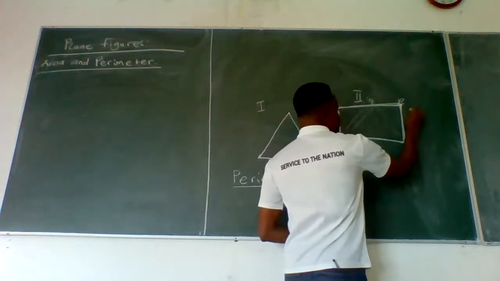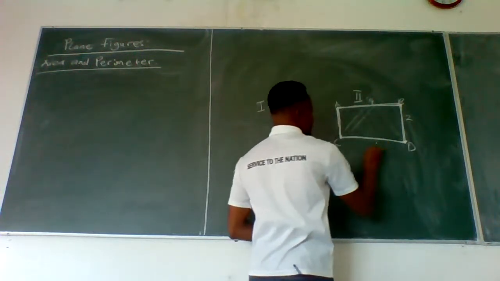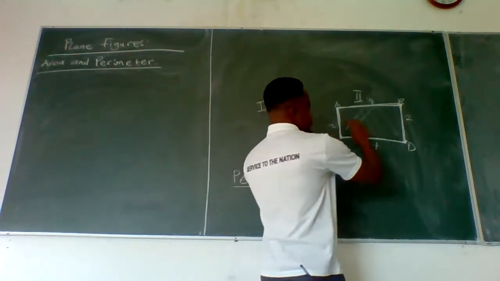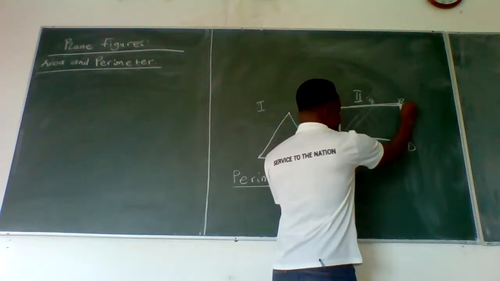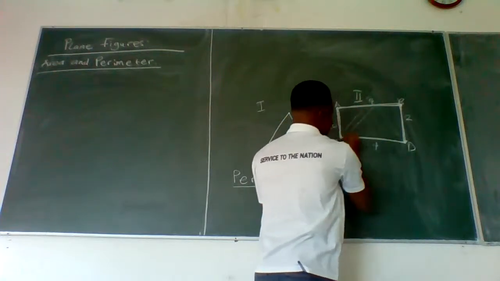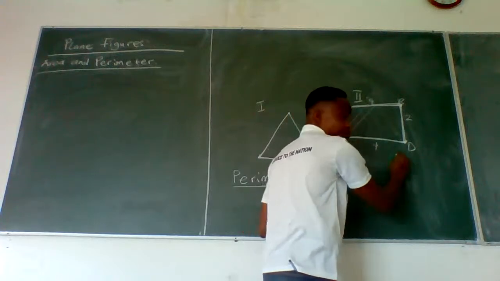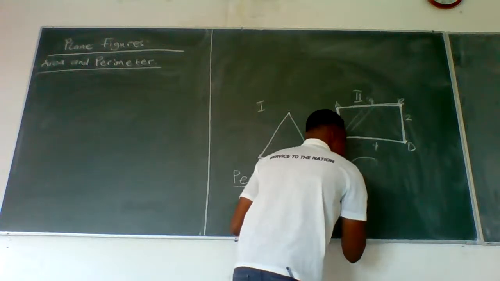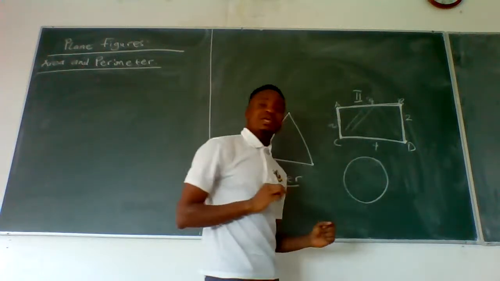Let's say this is 4, this is 2, this is 4, this is 2. When you walk from here to here, plus from here to here, and so on all around, then you have your perimeter. A circle is also a plane figure.